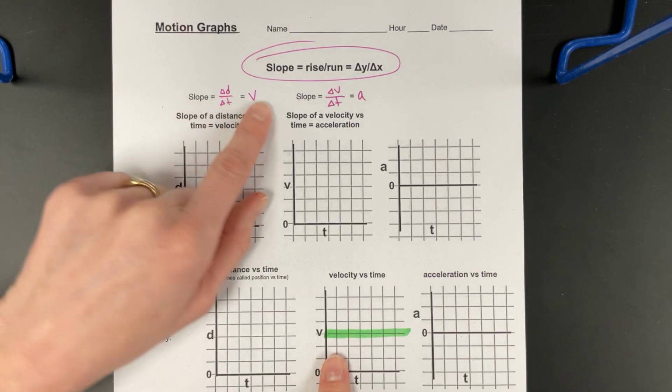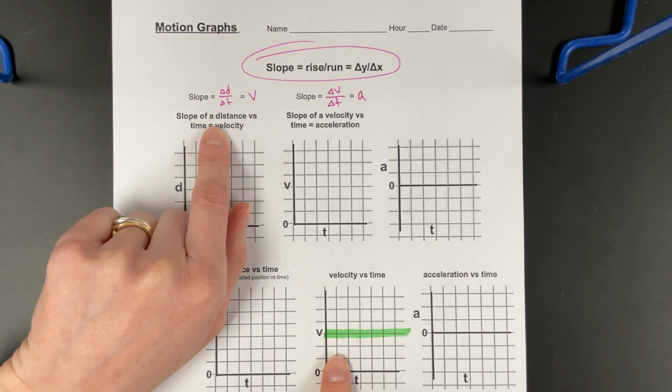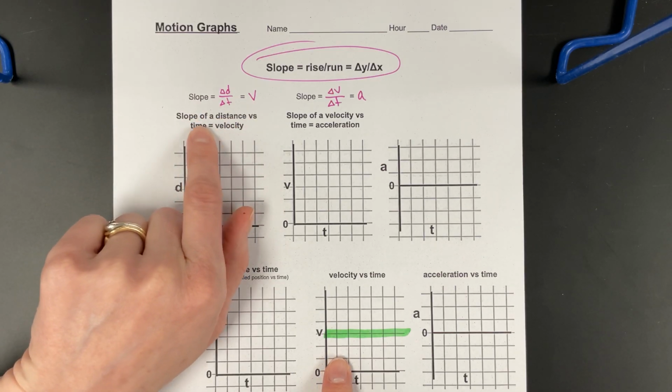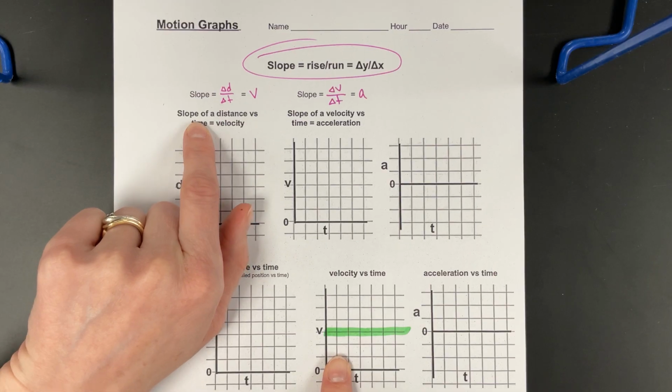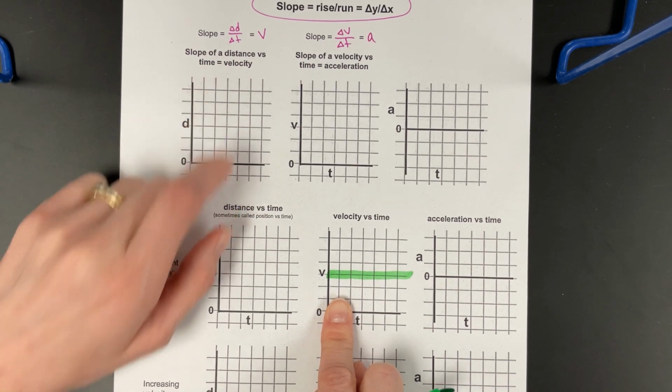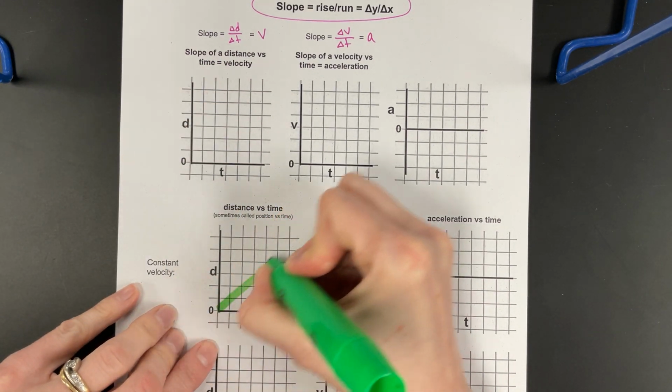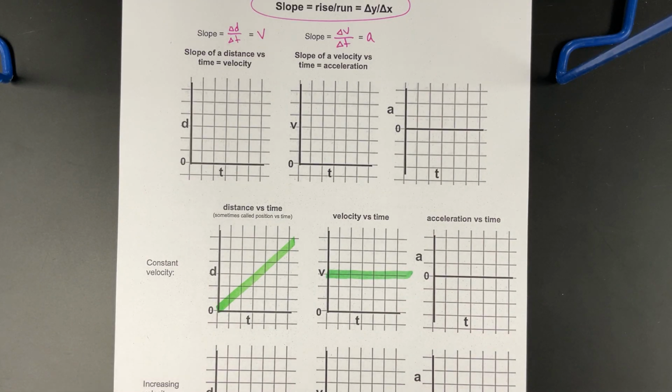If the velocity is constant and slope of a distance graph is velocity, what does that mean about the slope? It's going to be constant. Well, constant slope looks like a straight line. So if the slope is constant, it's a straight line, that's because the velocity isn't changing, or the speed isn't changing.